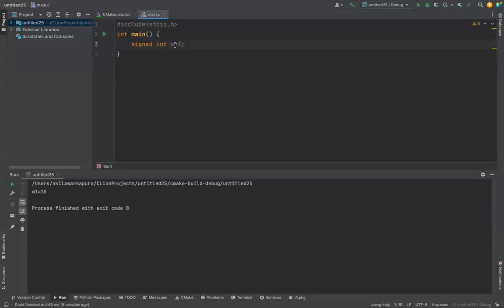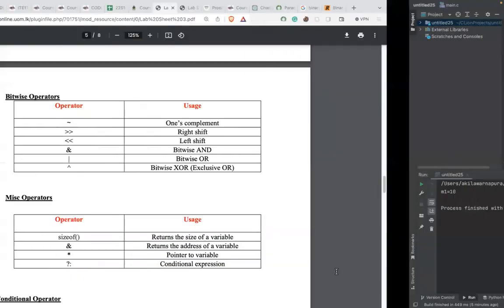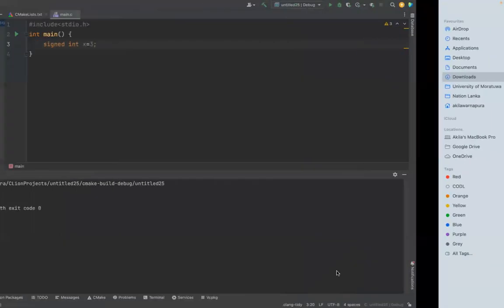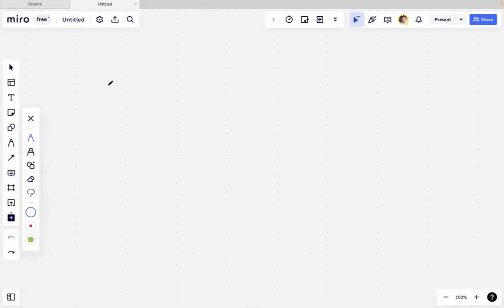So if you take an integer value, I told you there are 32 bits. Let's say int 3. There are 32 bits available.